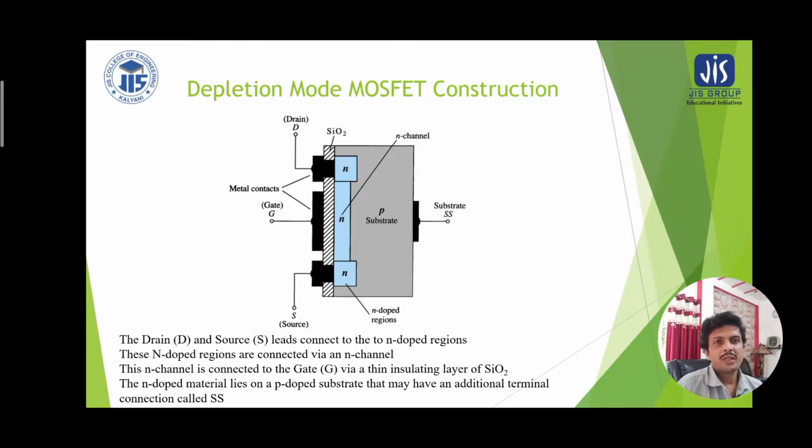So therefore, for the depletion type, depletion mode of MOSFET, we need to consider, if we compare or find the similarity with JFET, the region for which VGS is less than 0.